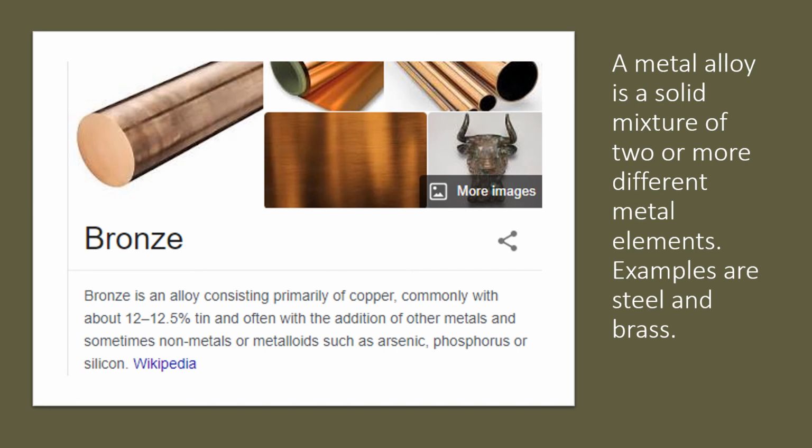Bronze is an alloy consisting primarily of copper, Cu, commonly with about 12 to 12 and a half percent tin Sn, and often with the addition of other metals and sometimes non-metals or metalloids such as arsenic As, phosphorus P, and silicon Si.